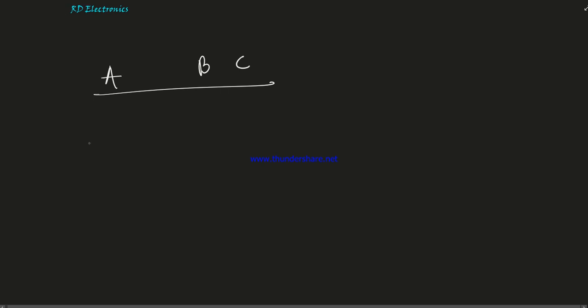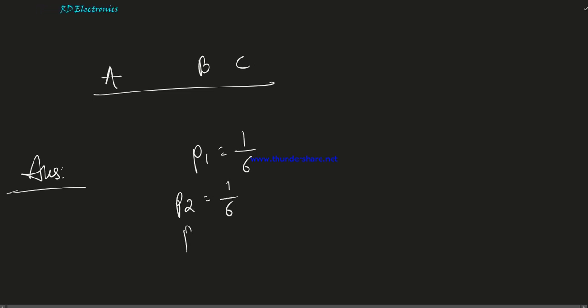Now the probability of the first die A to show the face marked 1 up is P1 equal to 1 by 6. Then the probability of the second die B to show the face marked 1 up is also P2 equal to 1 by 6. And the probability of the third die C to show the face marked 1 up is also 1 by 6.